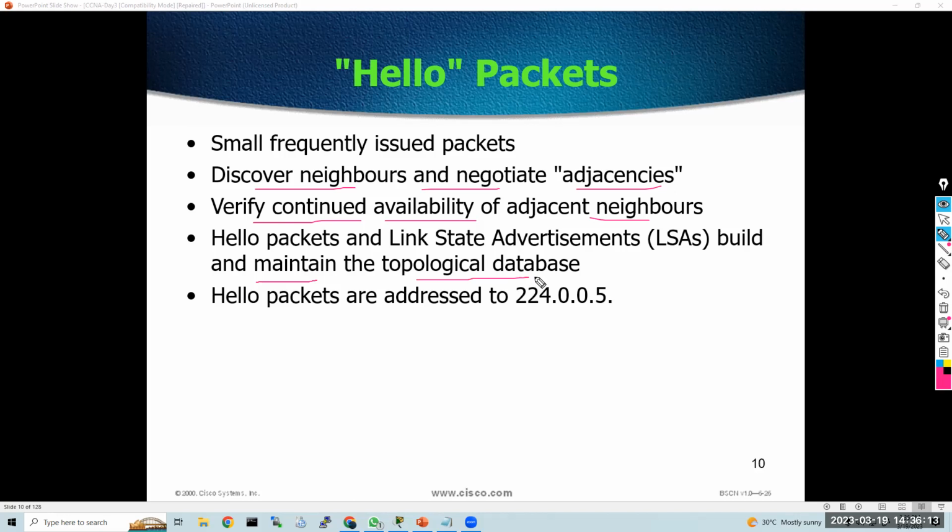For example, how your network has been connected, how many devices are connected, all that database will be maintained by OSPF. Hello packets are addressed to 224.0.0.5. Please remember this one, guys. This is how it starts negotiating and forming the neighborship. Whereas EIGRP uses which one?